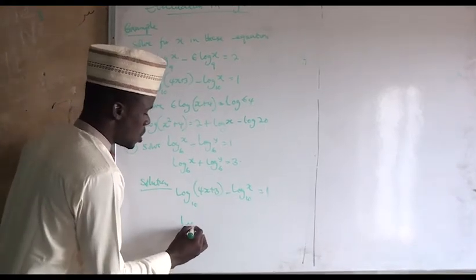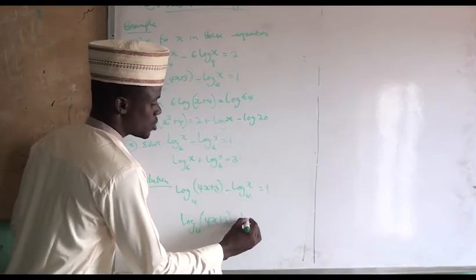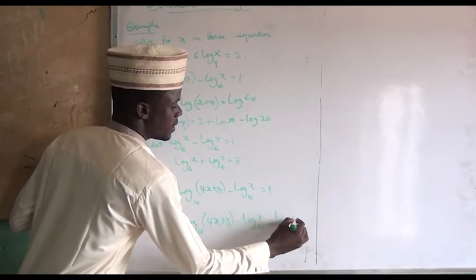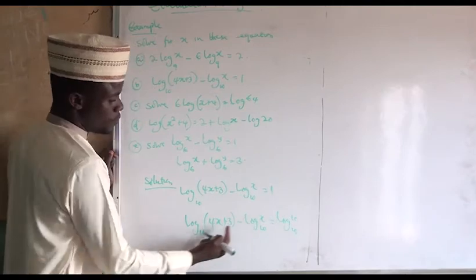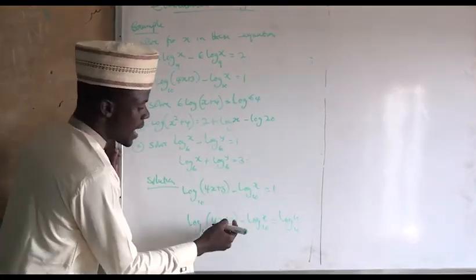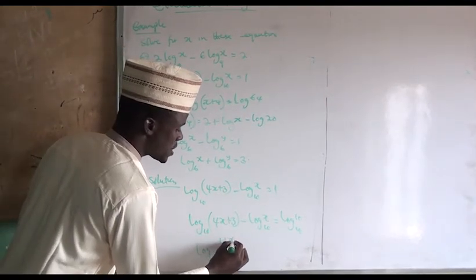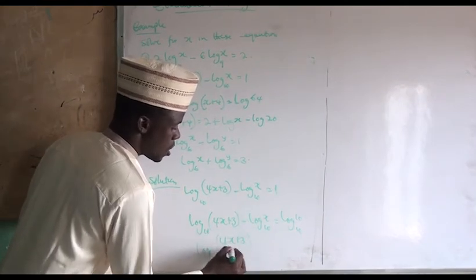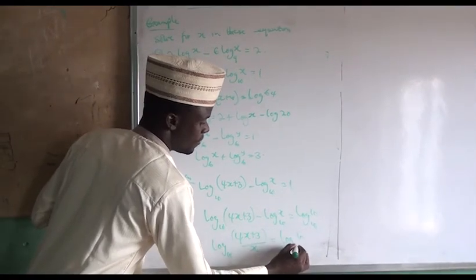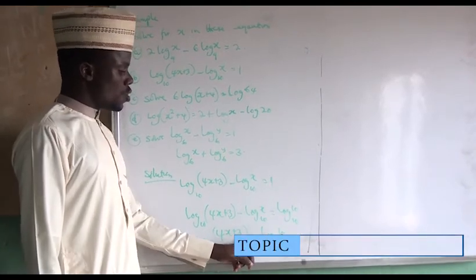Here we can say log base 10 of 4x plus 3 minus log base 10 of x is equals to log 10 base 10, so that they have to be of the same base. So log 10 base 10 we know is 1. So here is subtraction, so here we can say log 4x plus 3 all over x is equals to log 10 base 10. So log 4x plus 3 all over x base 10 is equals to log 10 base 10.